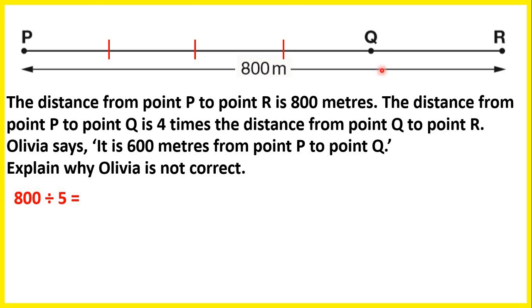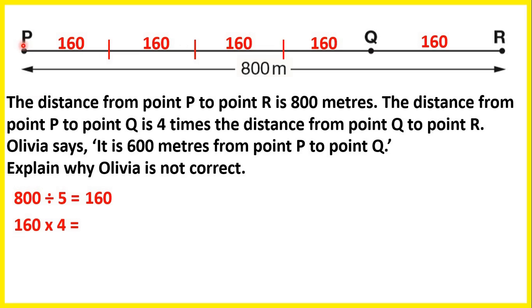They don't look like equal jumps. It looks like this jump is larger, but I'm imagining that's because the diagram is not to scale. So 800 divided by 5 is 160, so that's a difference of 160 with each jump.